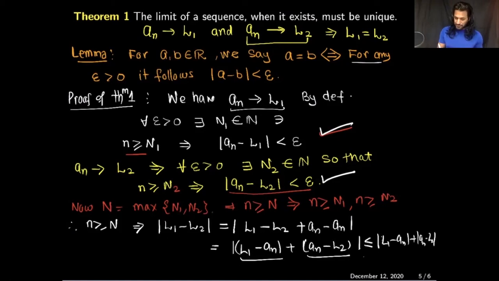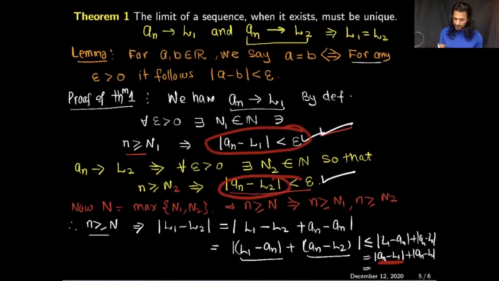Since we have the absolute value, I can switch this around: AN minus L1, because if you throw out the negative sign, it will still be the same. And that's going to be plus AN minus L2. Now we can see that since n is bigger than capital N, this number is less than epsilon coming from here, and this number is also less than epsilon.